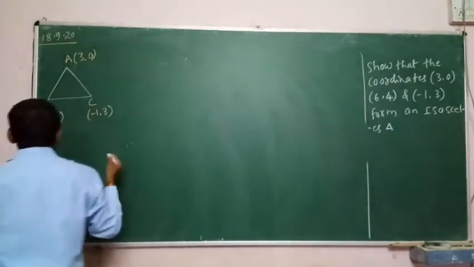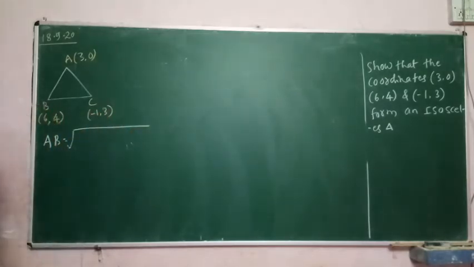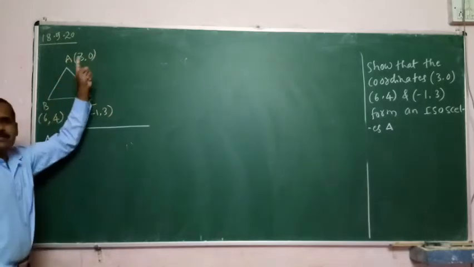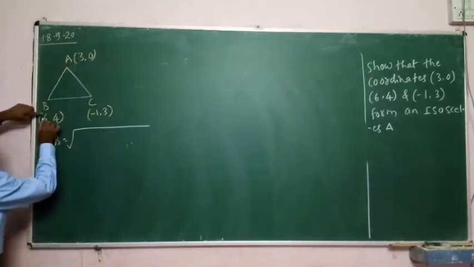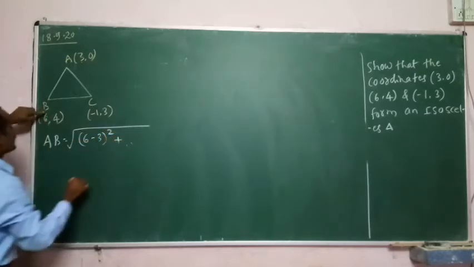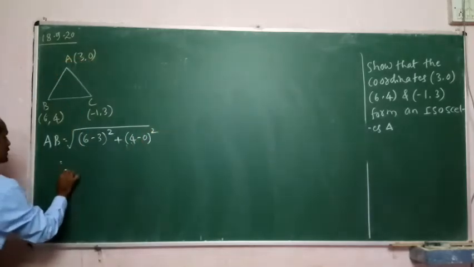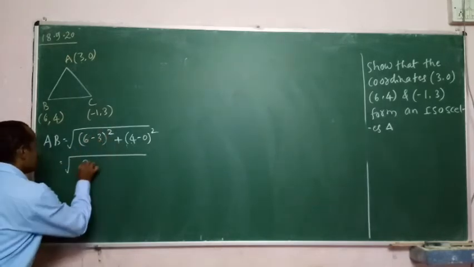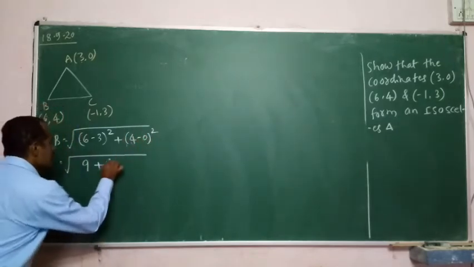Come on. Let me start. AB is equal to under root. I am not going to apply the formula directly now. This minus this, this minus this, or this minus this, this minus this. That will not make any difference. AB is equal to under root 6 minus 3 the whole square plus 4 minus 0 the whole square, which is equal to under root 3 square, 9, plus 4 square, 16.